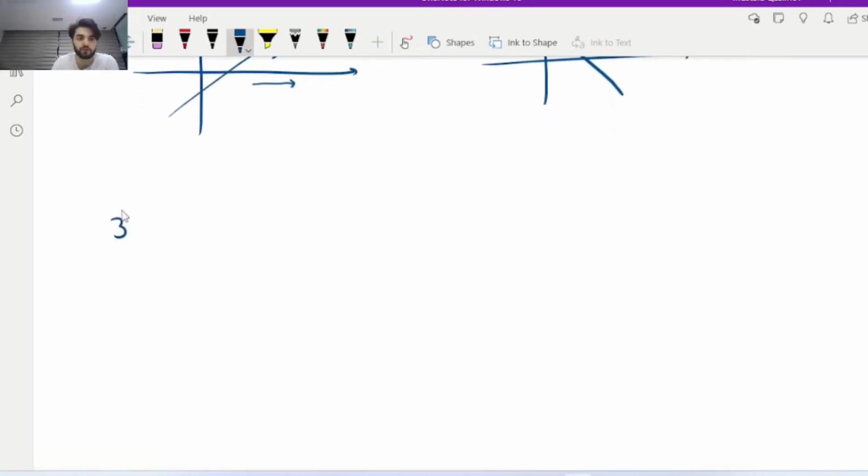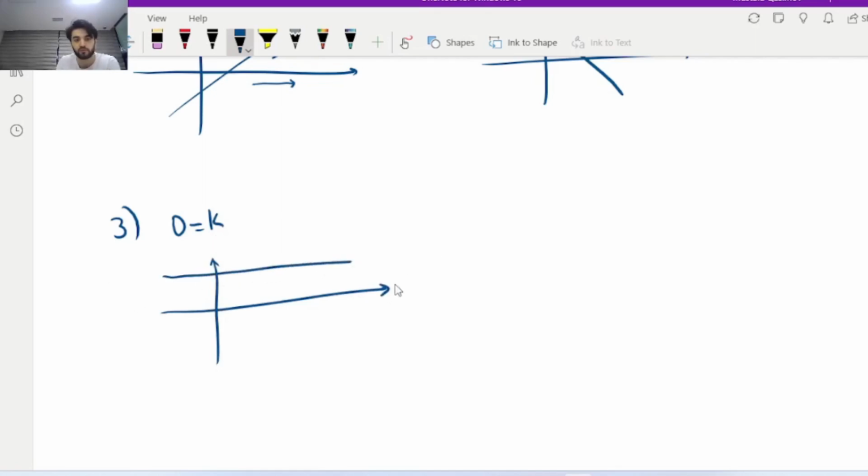For the third case, it is when the slope is equal to 0. When the slope is equal to 0, it is just a line which is parallel to the x-axis. And the equation of this one is y is equal to a constant. For example, let's say here is 5, so it is y is equal to 5.